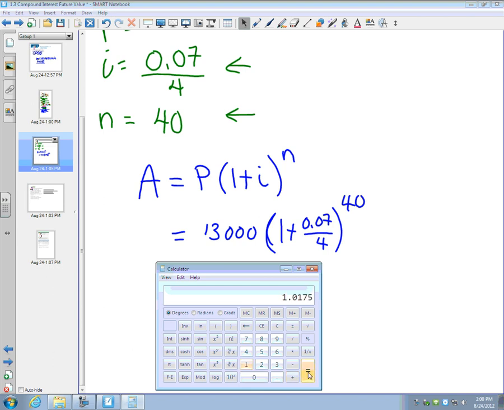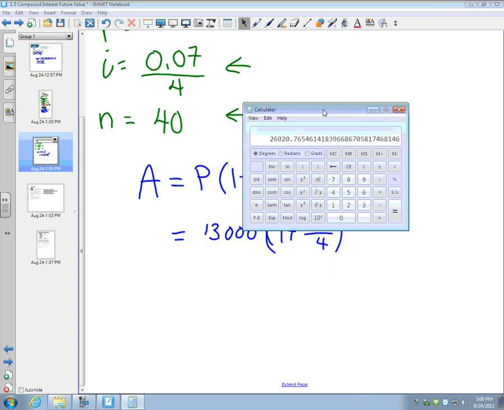And now I'm going to do my exponent. I'm going to raise that to the power of 40. Okay? And then I'm going to times that by $13,000. So after his 10 years, he has just over $26,000. He doubled his money. Okay, that's pretty cool.